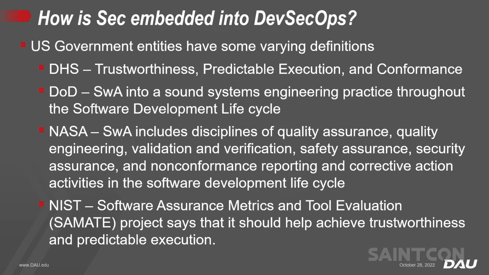That's a unique thing to think about, is that if you have sound system engineering, that means you have good practices on making things better, good feedback, good requirements flows, and aspects within your software development lifecycle to improve and build upon. NASA really blows out the definition to branching out into getting the safety assurance and security assurance and quality assurance and many of those aspects.